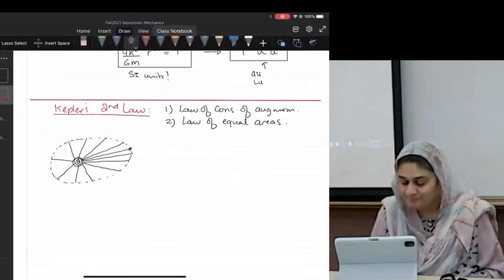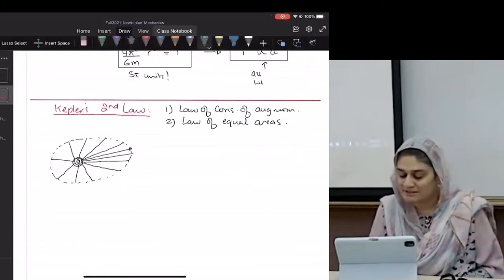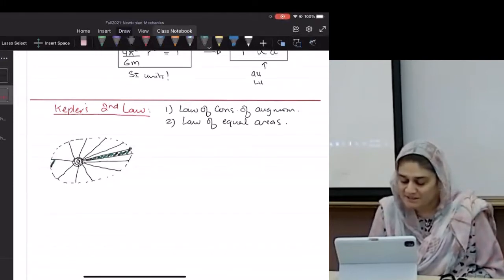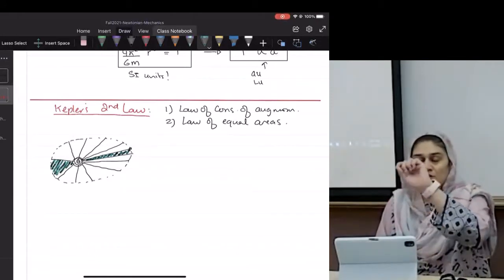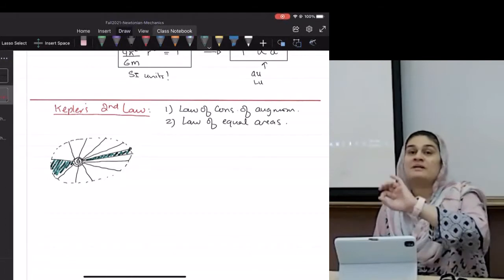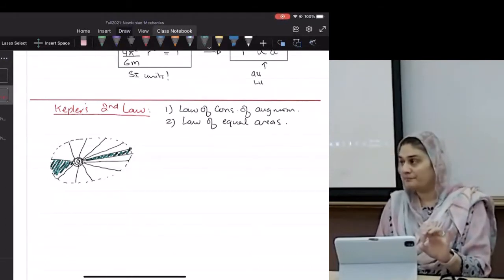And why is that? The reason is that Kepler's law says that this area must equal that area. See it? As it goes through, it sweeps out an equal area in equal time.